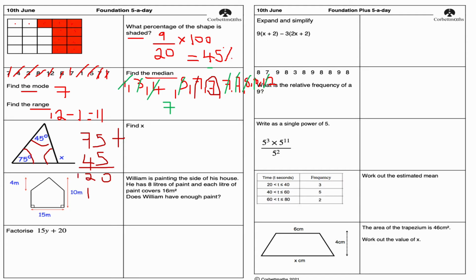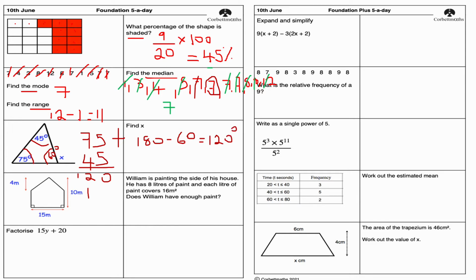Take that away from 180, and I get 60 there. To work out x, angles on a straight line add up to 180. So 180 take away 60 is 120, guys. So x is equal to 120.